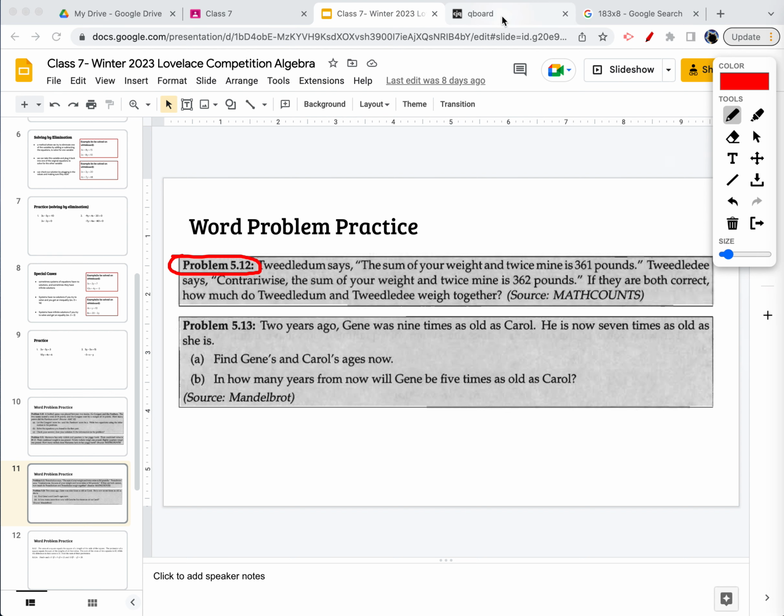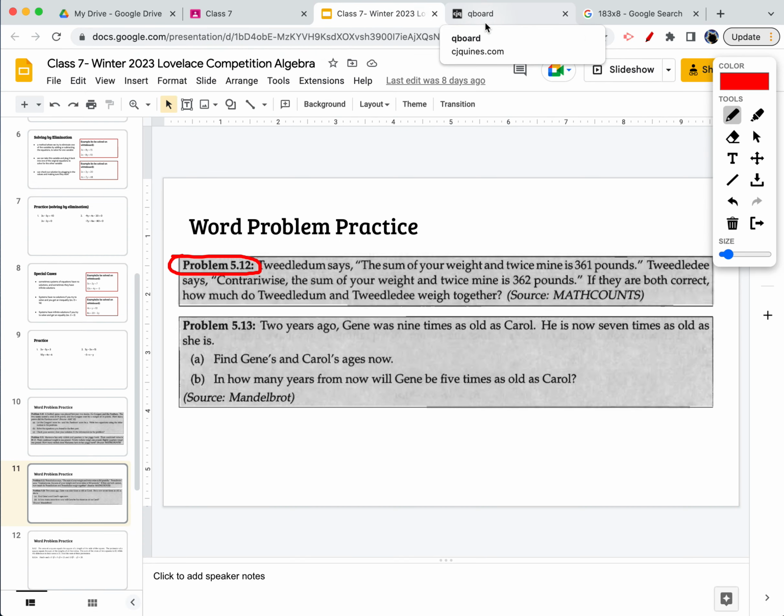Okay, so let's do this now. We're given 2 people, Tweedledum and Tweedledee.